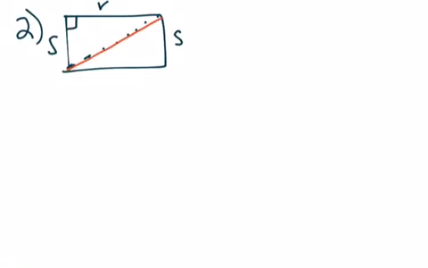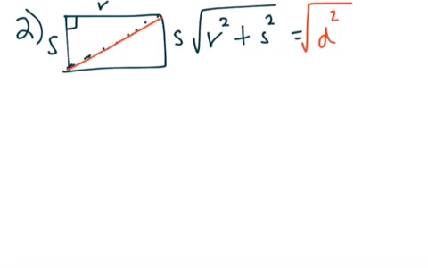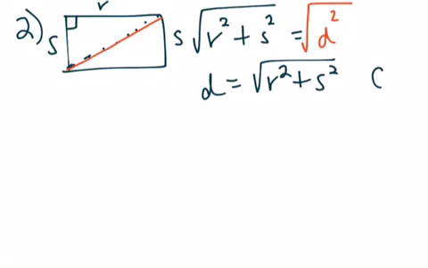So then we would have r squared plus s squared, and for the sake of what we're doing, I'm going to call this equals d squared. Well, I don't want the diagonal squared, I want the diagonal, so I need to take the square root of both sides. So the square root of d squared is d, which is equal to the square root of r squared plus s squared, which is answer C.